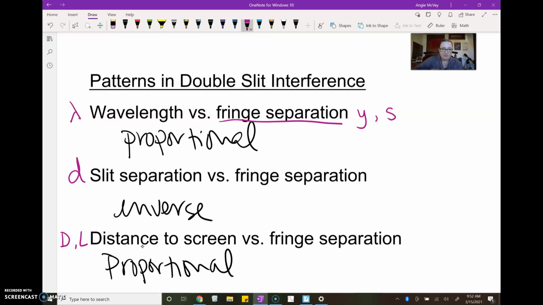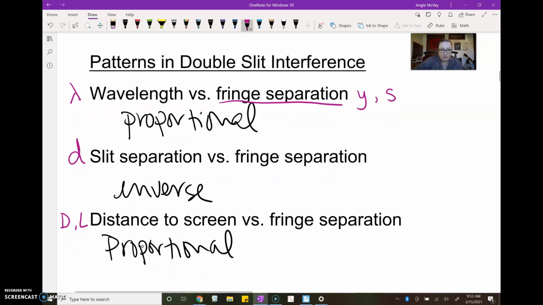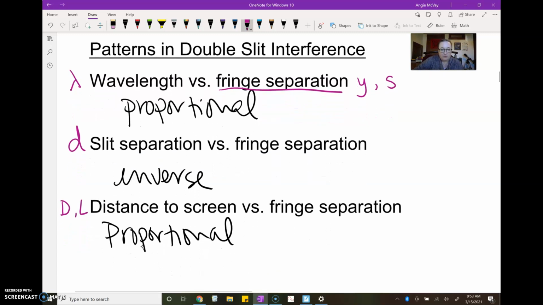All right. So proportional, inverse, and proportional. So we could almost build an equation, like a first guess at an equation here. Fringe separation is proportional to wavelength, inversely proportional to slit separation, and directly proportional to distance to the screen. That's a good first guess, huh? Now you could pick one of your graphs.